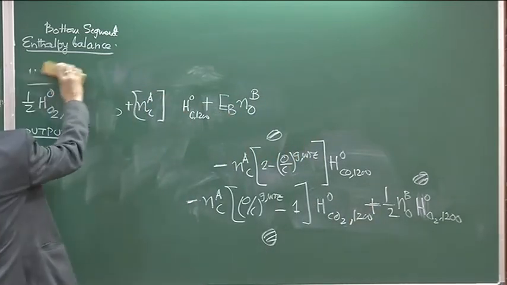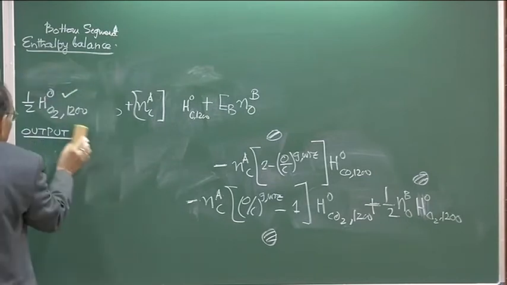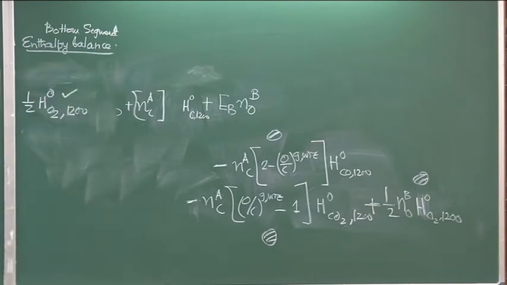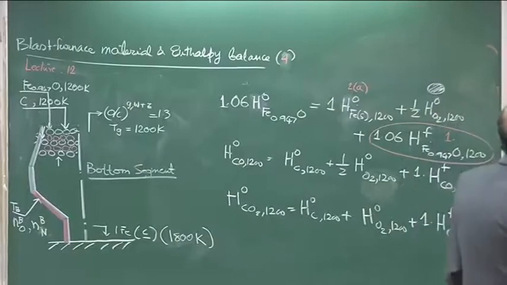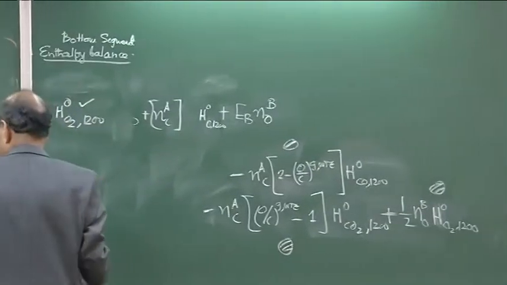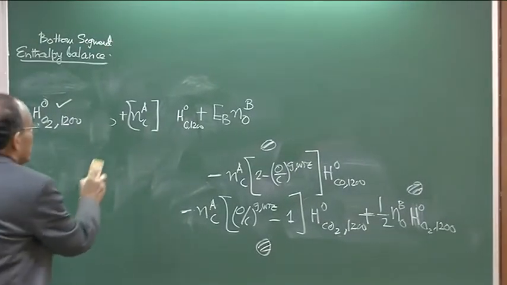Now, there is no input output the way I have structured it. One side of the equation will contain this, and if I have not made any mistake, then the other side of the equation will contain this particular term.